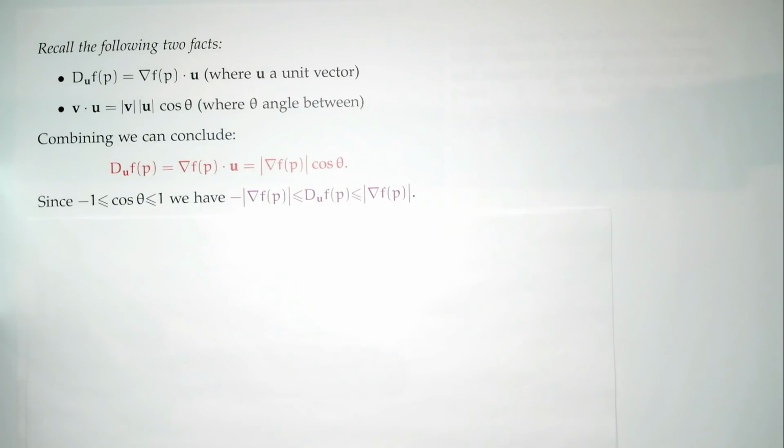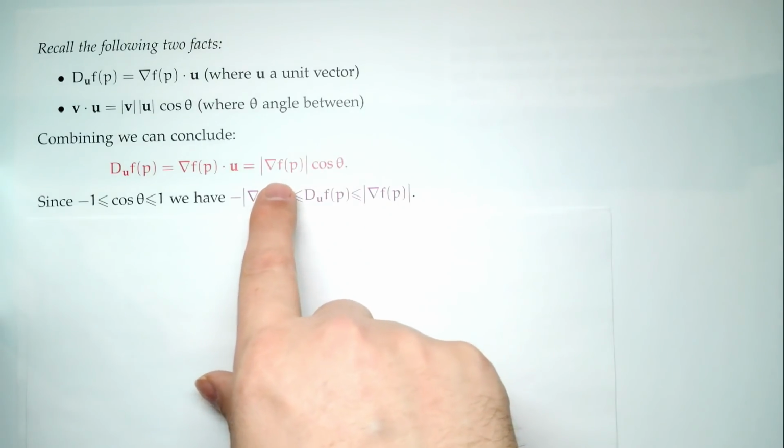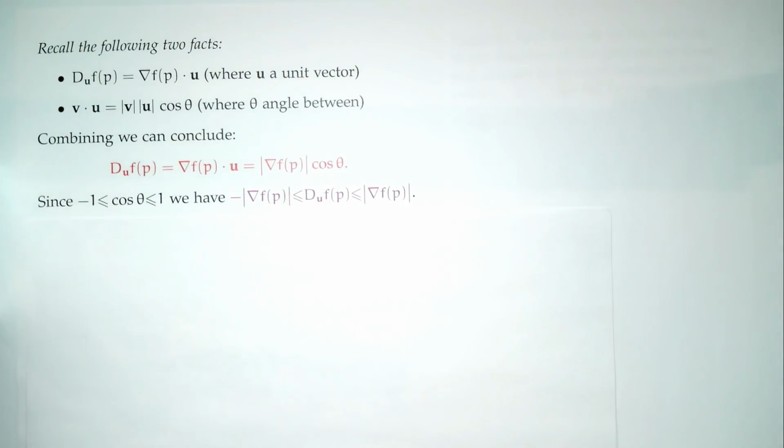So if I take the directional derivative of my function f at my point P, by combining these two rules, it becomes the magnitude of the gradient times cosine theta, where theta is the angle between where the gradient points and u. Now, cosine theta is a function we understand fairly well, and it's always between -1 and +1.